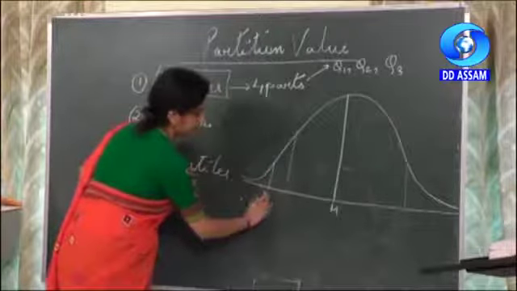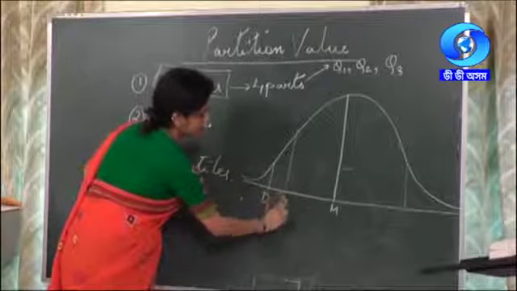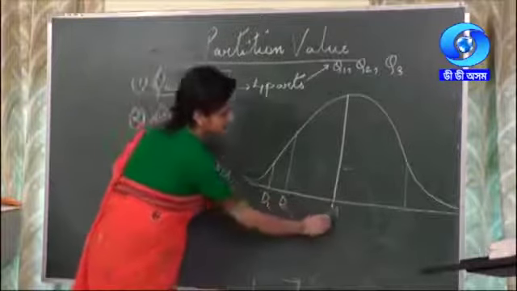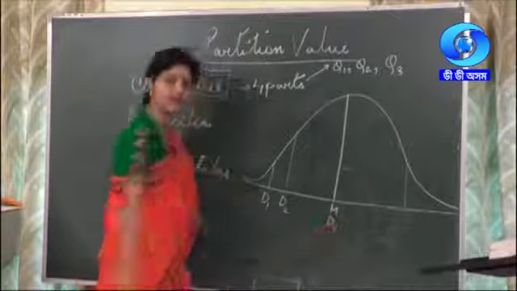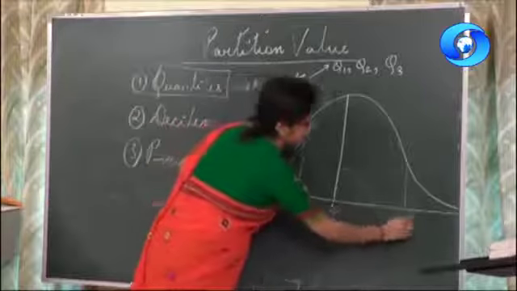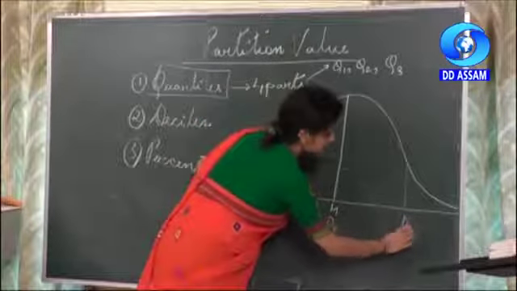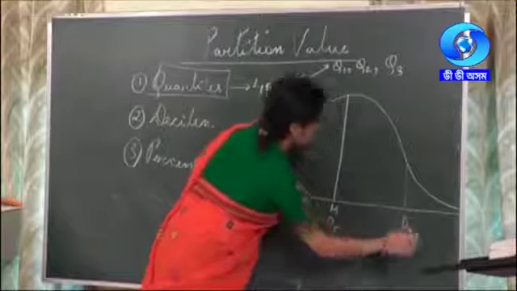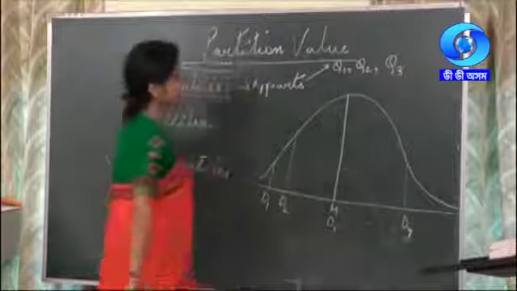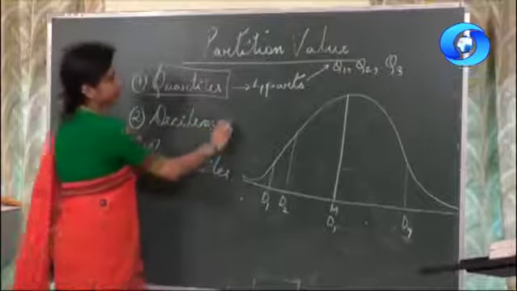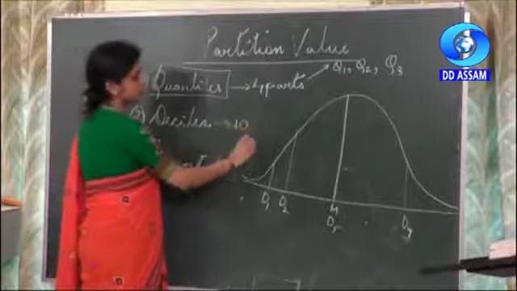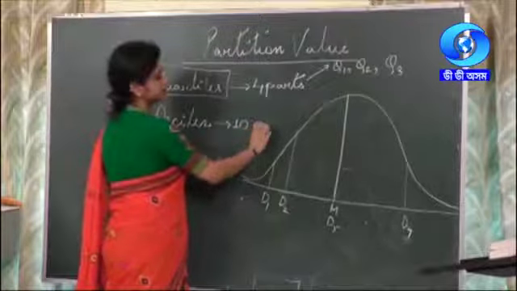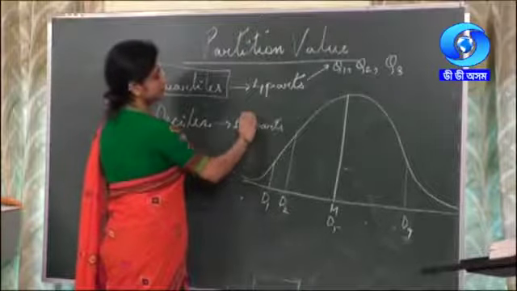First decile will be denoted by D1, second decile by D2, etc. up to fifth decile by D5, all right, and this is D9. So deciles divide a distribution into 10 equal parts.